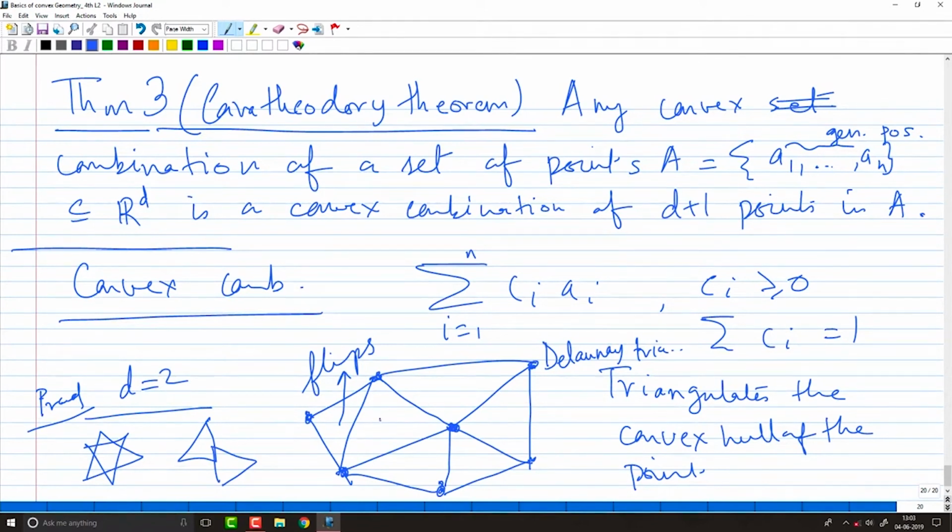If a point is inside, I can write it as a convex combination of the vertices of the triangle it is contained in, and I will be done. A triangle has 3 vertices. So, it is exactly d equal to 2, d plus 1 is 3. So, I am done.